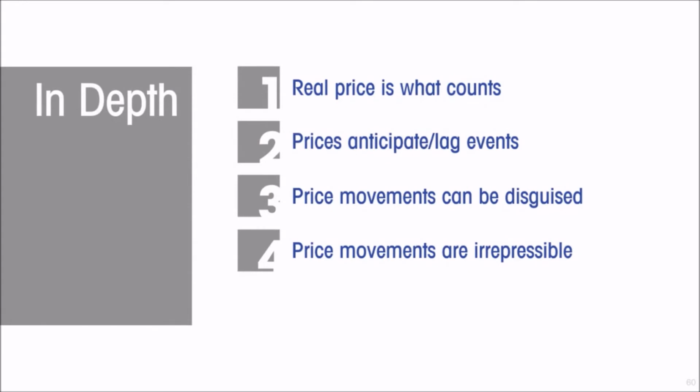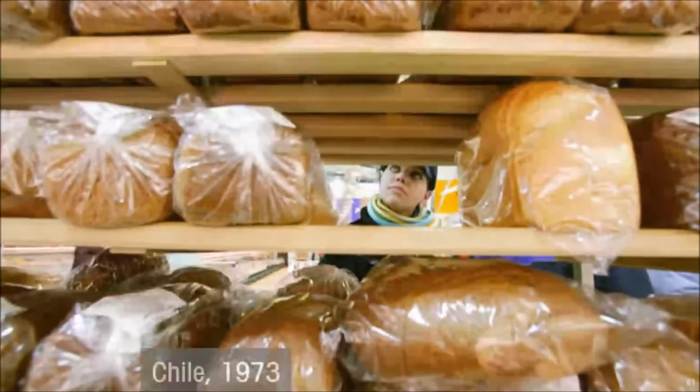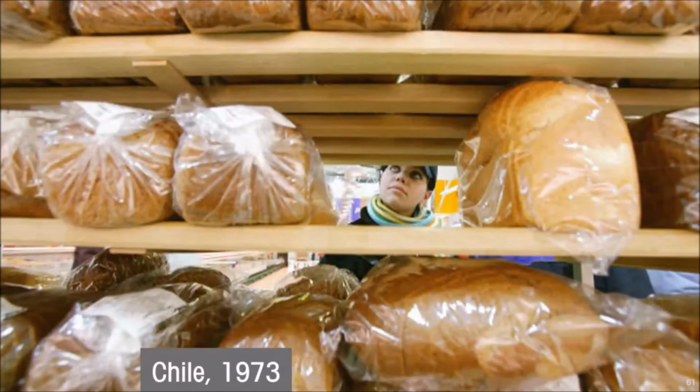Price changes that reflect changes in relative scarcity are irrepressible. You can think of price movements in a market almost like a force of nature. It cannot be repressed. A great example of this comes from Chile in 1973.